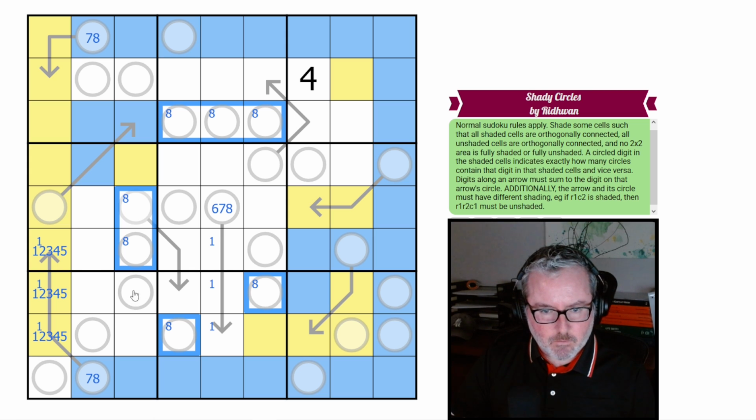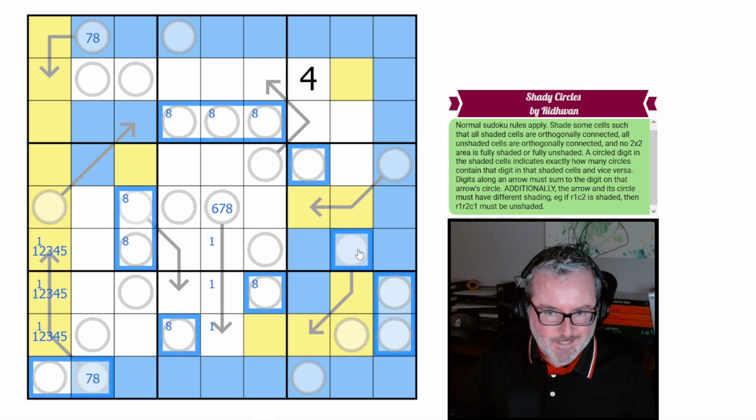Okay, this one and this one could never be an 8, because no matter which one of these is the 8, these two are ruled out, and we know one of these is an 8, so this one's ruled out. So one of these two is an 8, which means one of these two is. Now that means one of these two is.